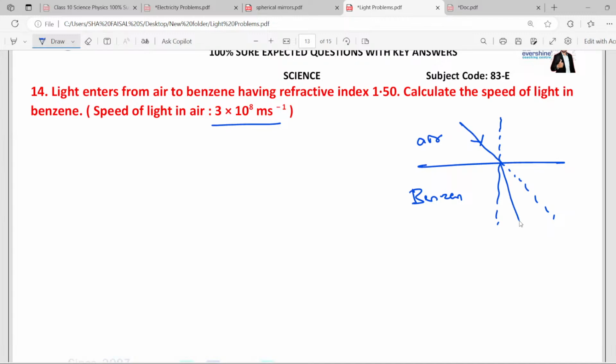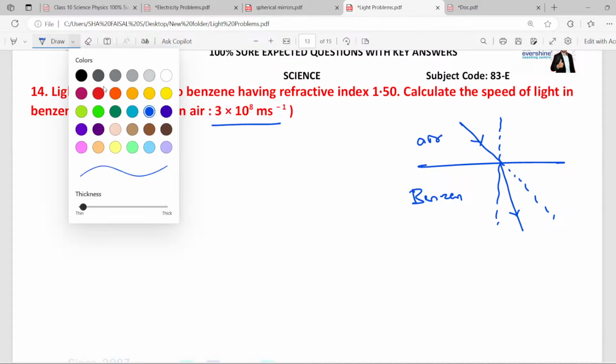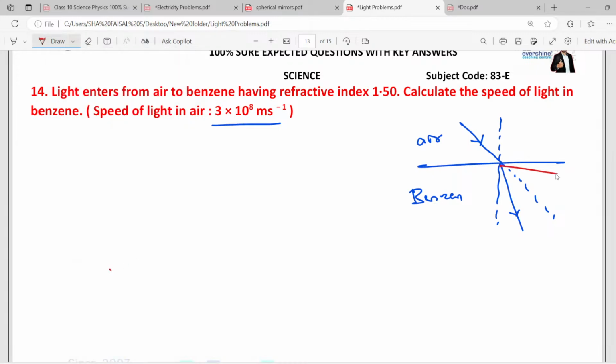So the question is whether it will move towards the normal or away from the normal. We have to calculate. Now, the question is to find the speed of the light in benzene. So, later we'll discuss whether it is towards the normal or away from the normal. First, let me solve this case.